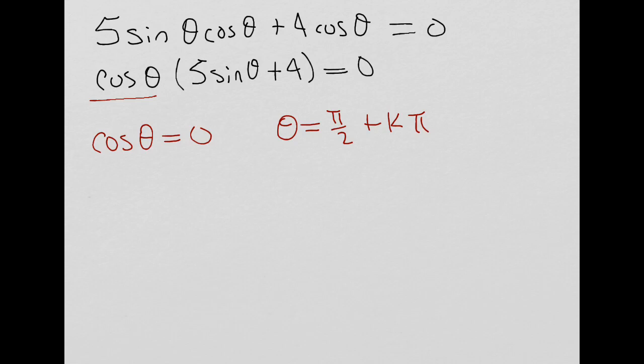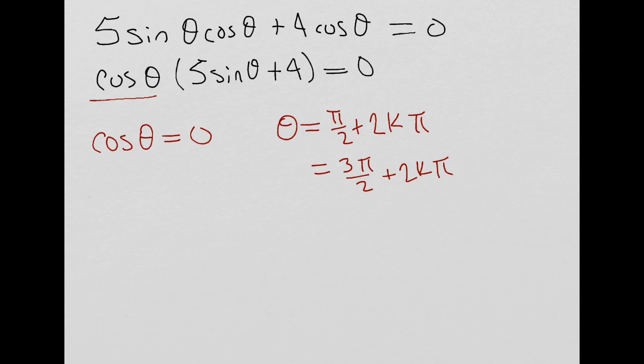Plus k pi. Now in this case it looks a little strange because the period of the cosine is 2 pi and I just added k pi. If it helps clarify it, we could go back to that. If I want to add 2k pi, I can get 3 pi over 2.